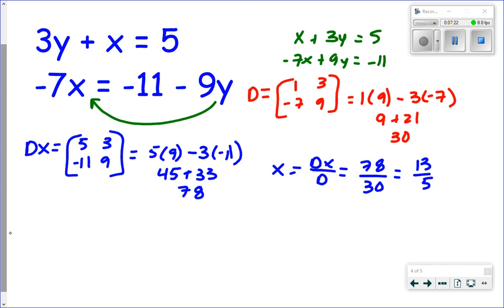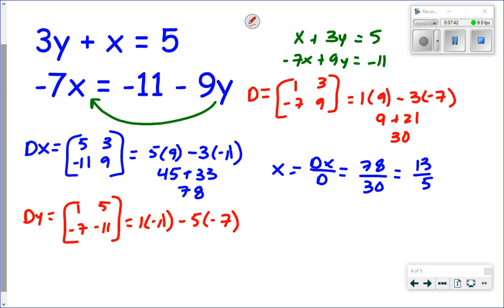Okay, and then I need to repeat that process for finding y. So this time the x column is going to stay 1 and negative 7, and the 3 and 9 are being changed out for 5 and negative 11. So find the determinant. 1 times negative 11 minus 5 times negative 7.